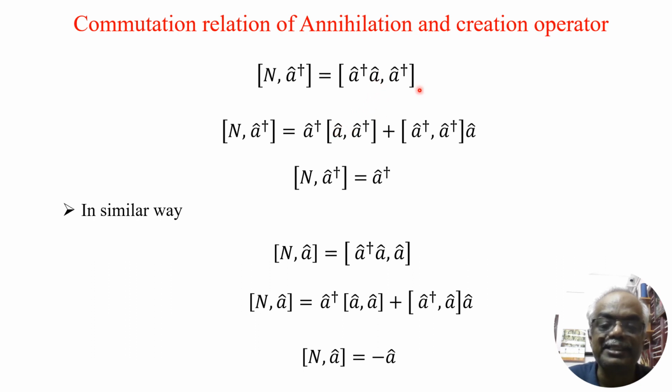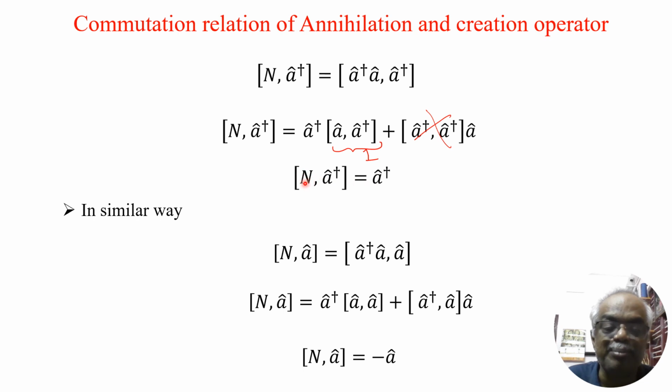Similarly, the a on the right will become right hand side, then this will be a dagger with this a dagger. The commutation of a dagger with a dagger is 0, you know very well it is 0, so this can be cancelled. Then naturally only a dagger, and the commutation of a with a dagger, we have just seen, is equal to 1. So naturally this will become simply a dagger. So the commutation of the number operator with a dagger, you will get a dagger.